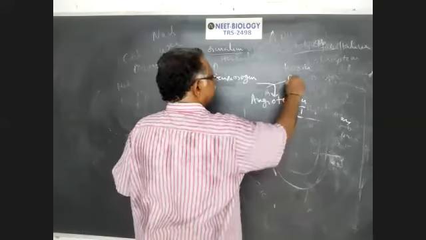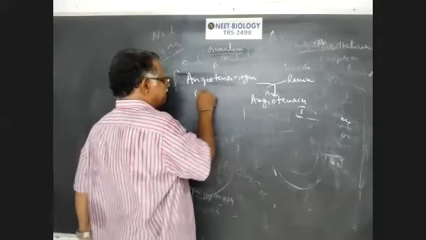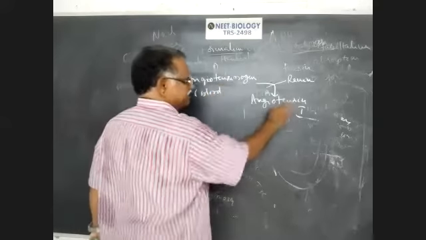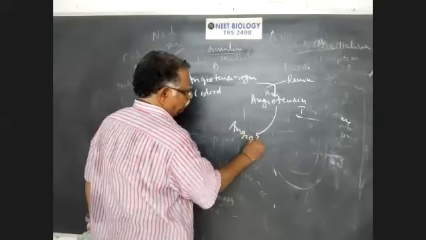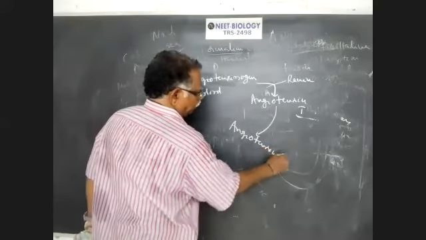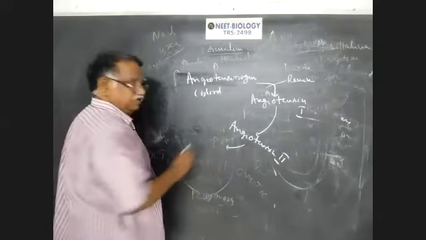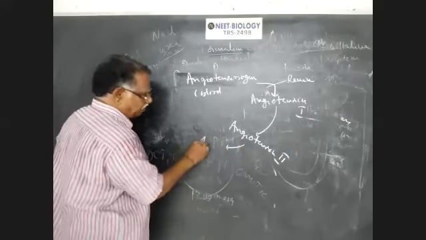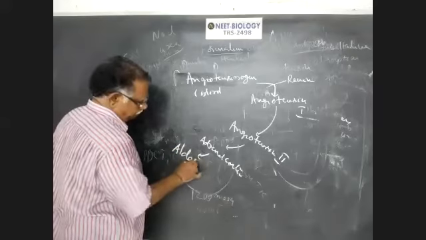So renin converts angiotensinogen present in blood into angiotensin 1, which is further converted into angiotensin 2. This substance stimulates the adrenal cortex to release aldosterone.